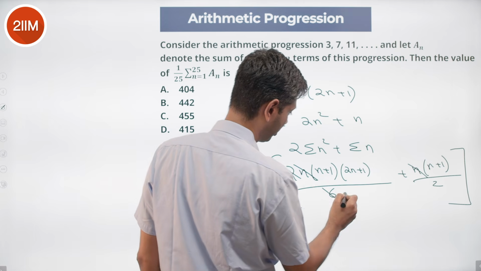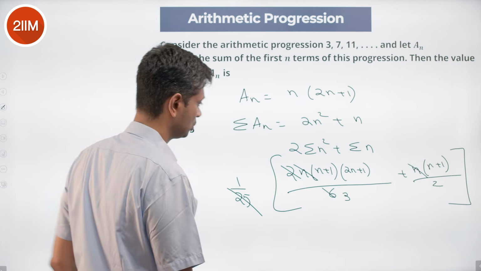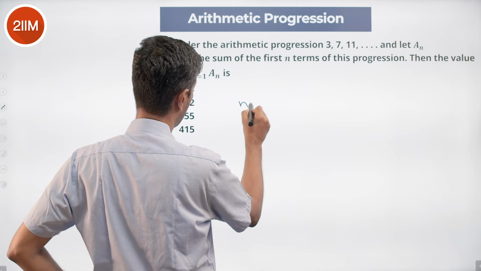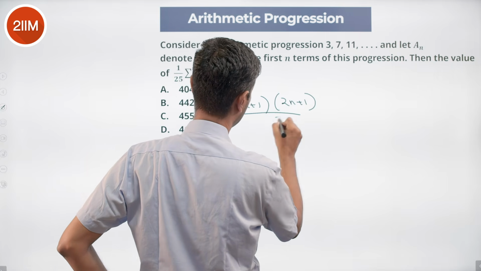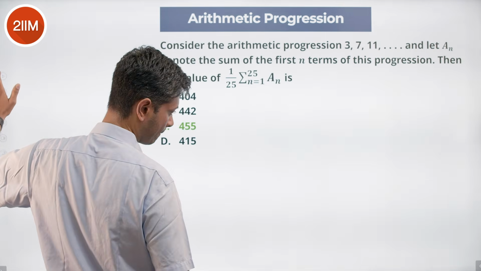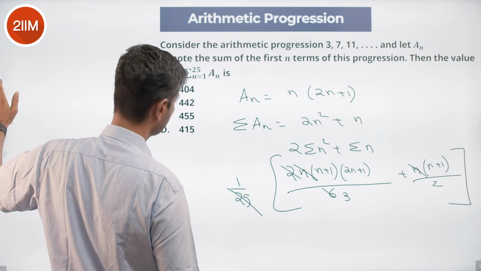2 by 6 is 1 by 3. (n plus 1) into (2n plus 1) by 3 plus (n plus 1) by 2.